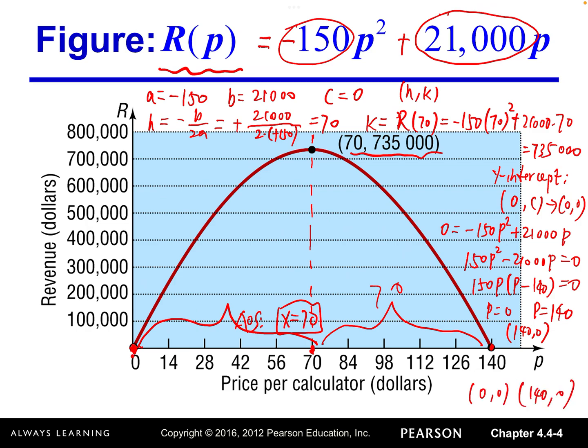That's exactly matching the y-intercept and the additional point symmetrical with the y-intercept. Okay, and then we can use these three points to graph the parabola. The leading coefficient a equals negative 150, less than 0, so we know the parabola opens downward. Okay, so that's how we got this graph.